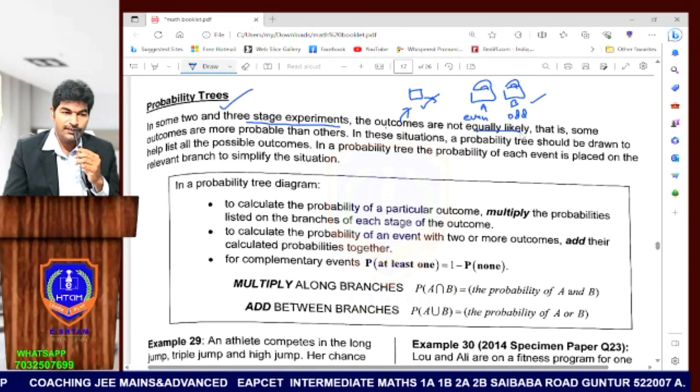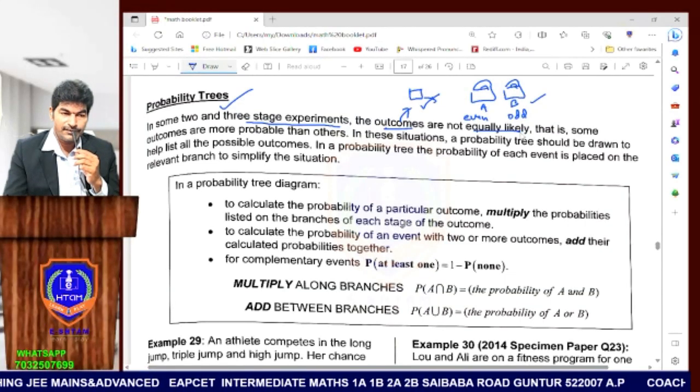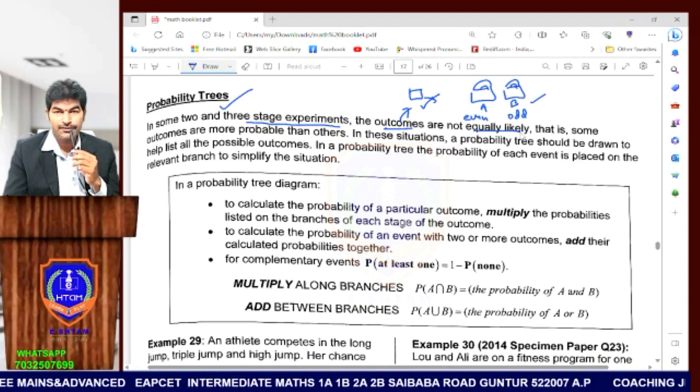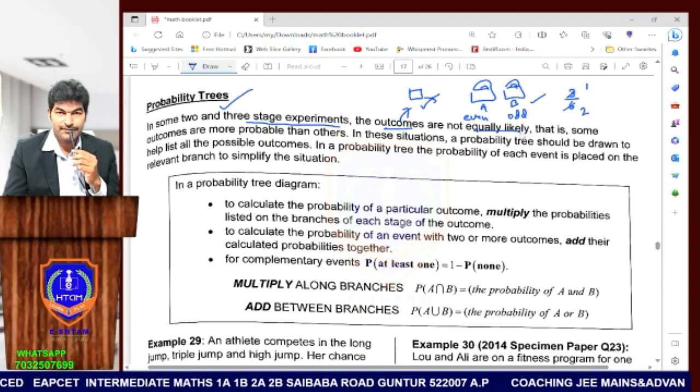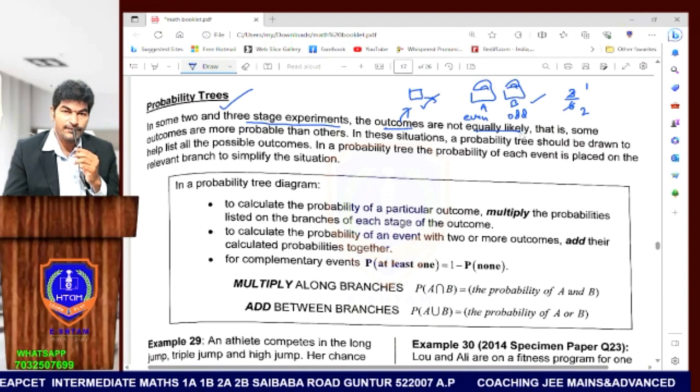So in these events, the outcomes are not equally likely. Equally likely means, in this example, the probability of getting an even number on the die is 3 numbers out of 6, that means 1 by 2. How many even numbers exist on the die? 2, 4, 6.